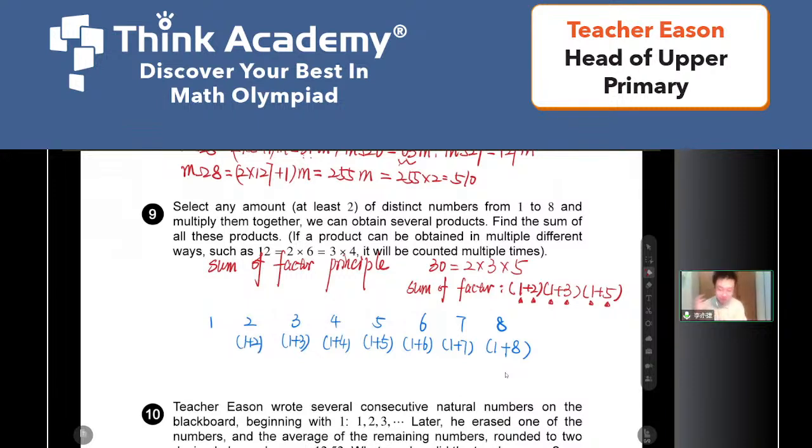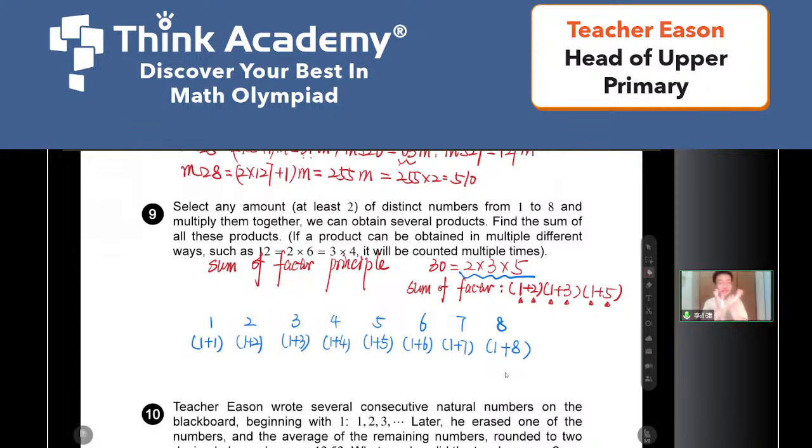Use or not use. For 1, it's very special because if we use 1, we times a 1. If we don't use 1, we still times a 1, because times 1 means times nothing. So for 1, it's either used or not used, it's the same. And so we can treat this 1 to 8 like the prime factors 2, 3, and 5 here.